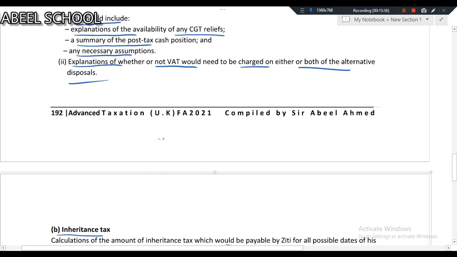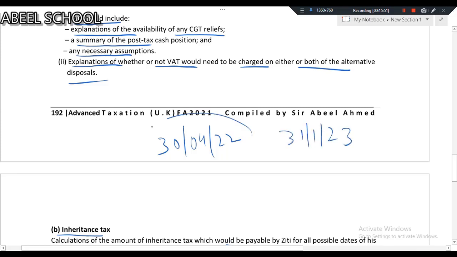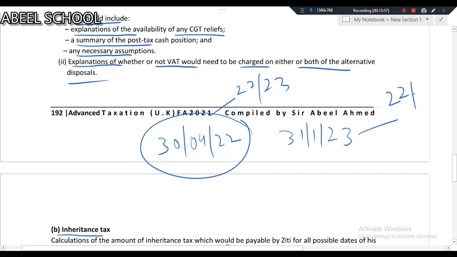First, he has to make up accounts till 30th April 22. After that, if he sells the business on 31st January 2023, listen carefully: this date falls in the tax year 22-23, and the previous accounting end also falls in the tax year 22-23.